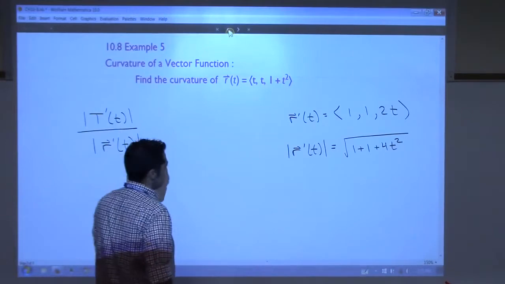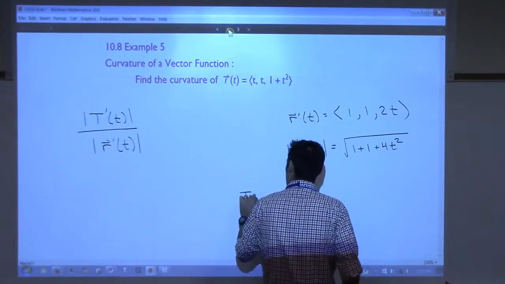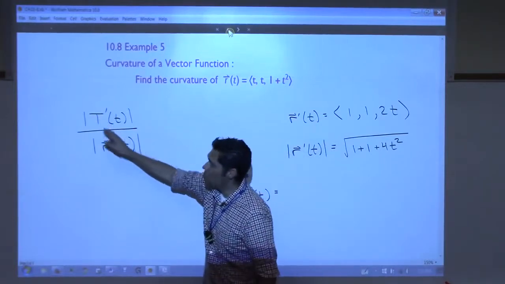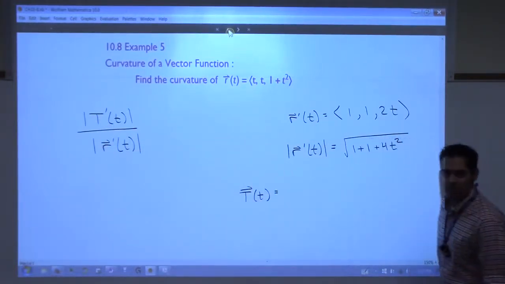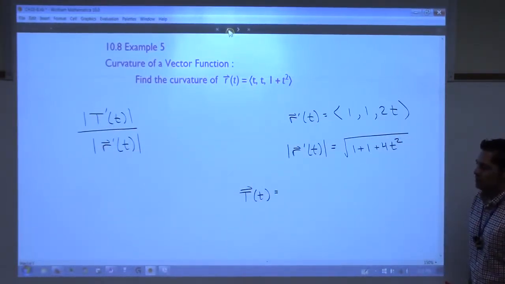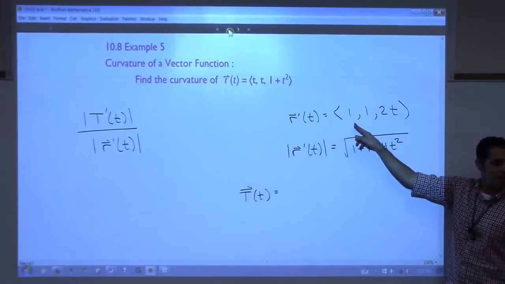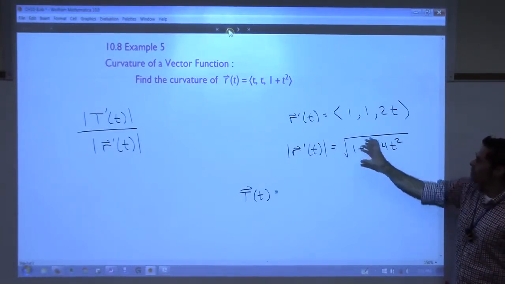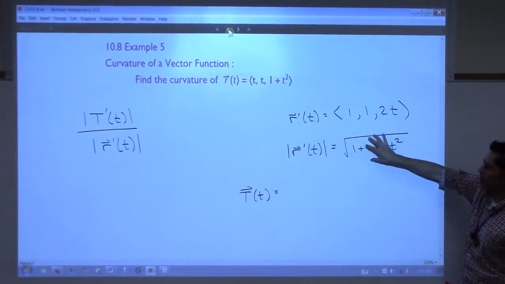What is capital T of t? Not this, but what's capital T of t from last class? It's this divided by its own magnitude, right? And this right here is a number, isn't it?